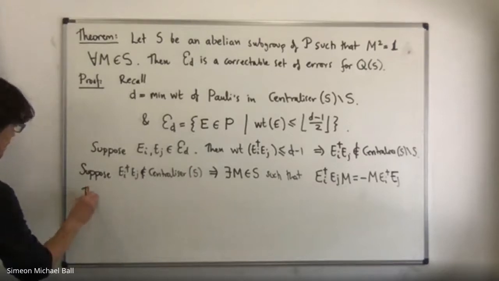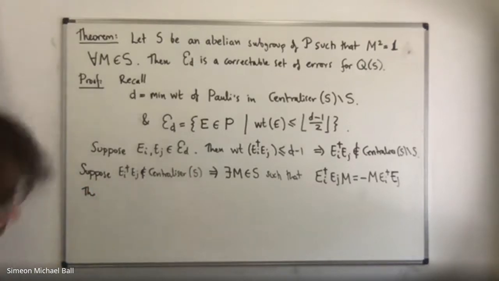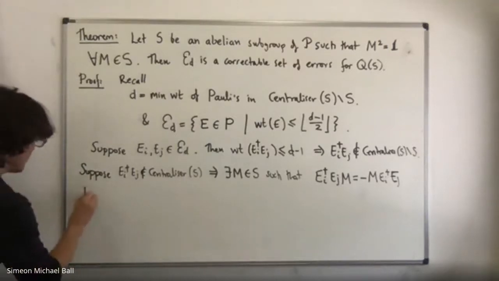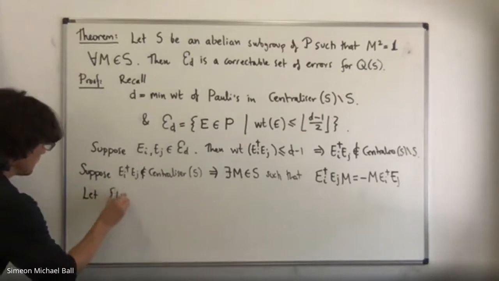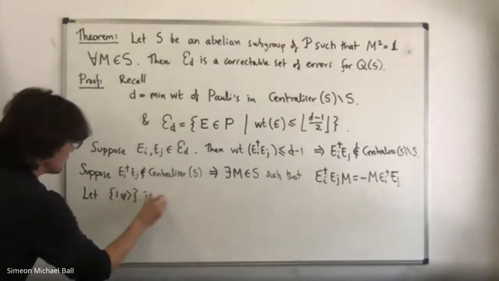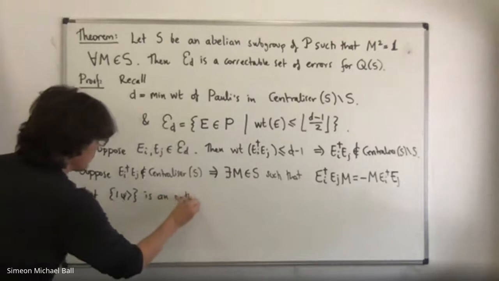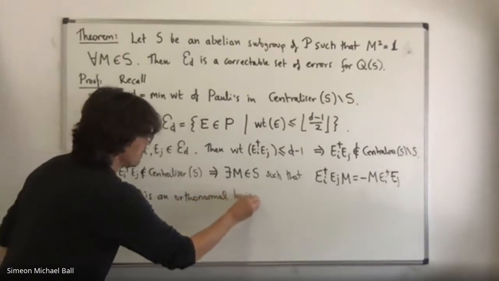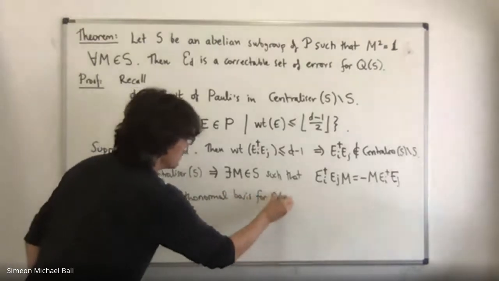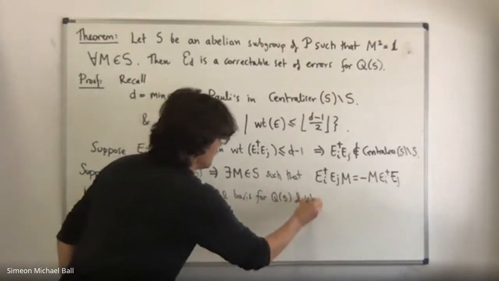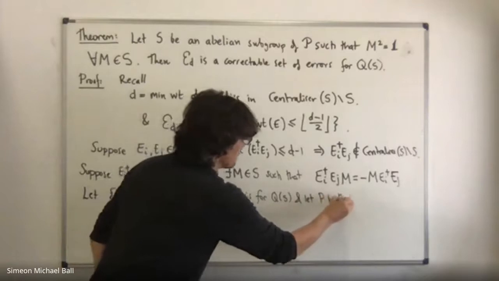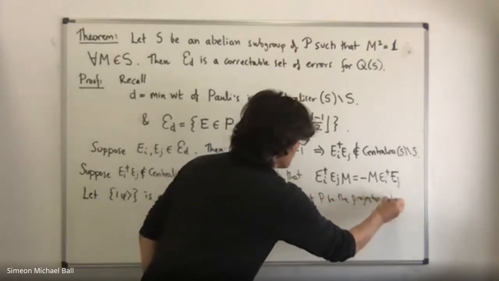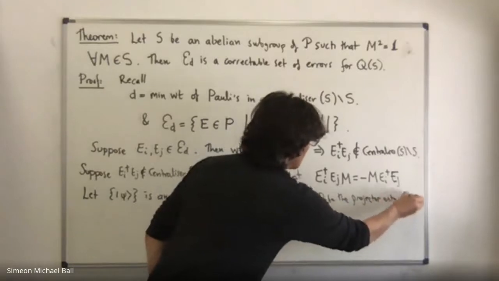The projector, so let's do it. Let's define an orthonormal basis. So let's say this thing is an orthonormal basis for QS. And let P be the projector onto QS.